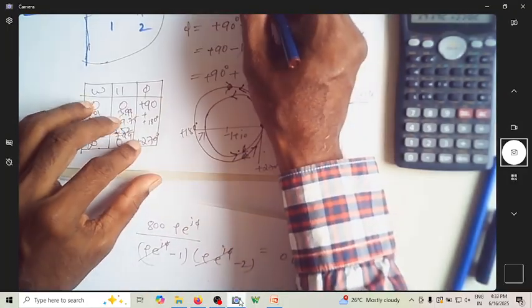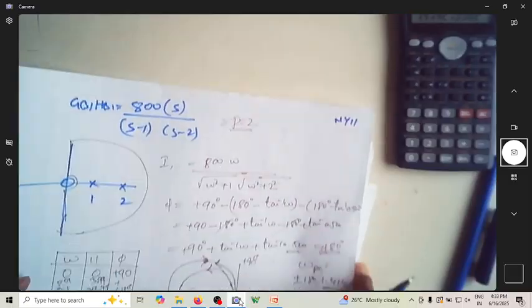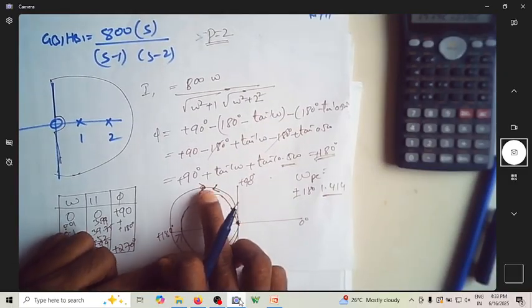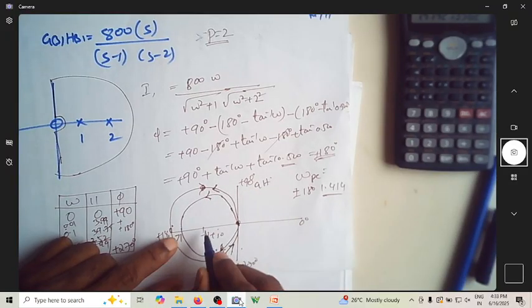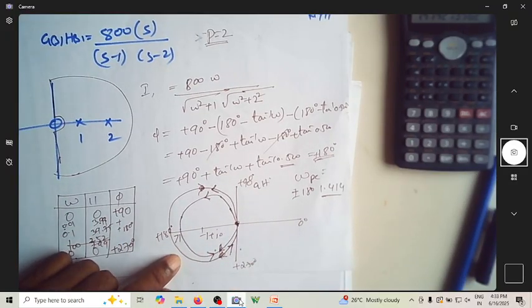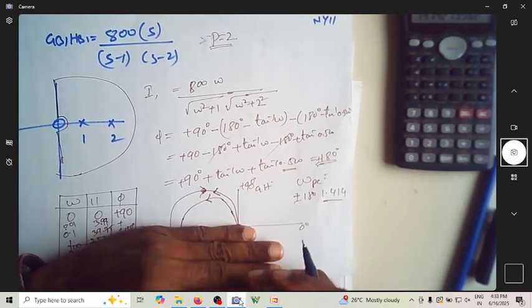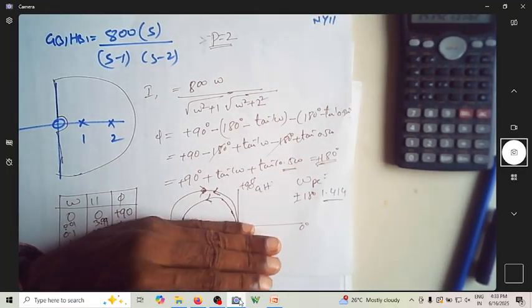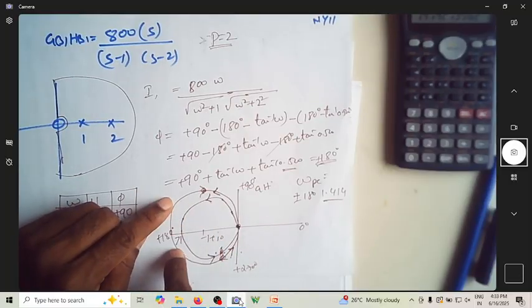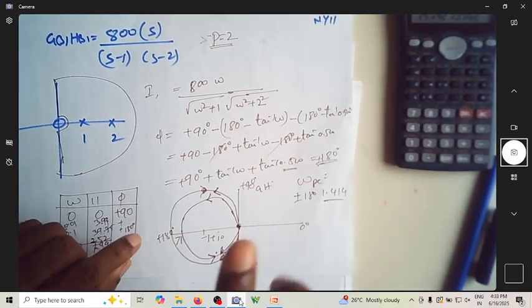Let me just clarify again. This was my first segment mapping onto the GH plane. The second segment is a dot at the origin. The third segment is just the mirror image. If I put a mirror for this one, whatever is this will replicate here. It goes this way, and this was going like this, exactly in the same direction.